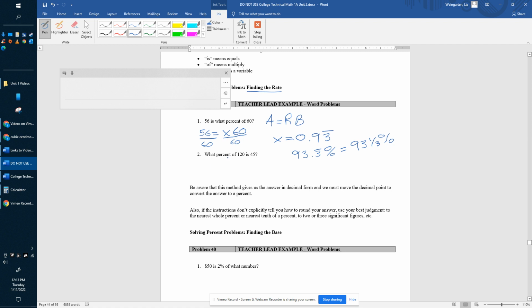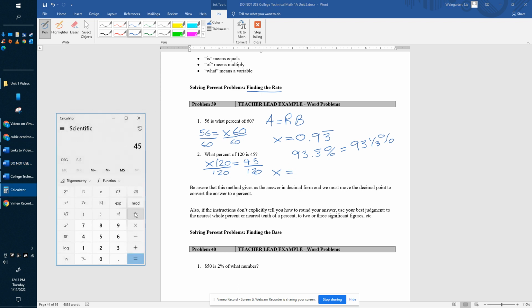Let's look at the next one. What percent of 120 is 45? So what percent of means multiply, 120 is means equals 45. We'll divide both sides by 120 and solve for X. So X equals 45 over 120, which is 0.375.